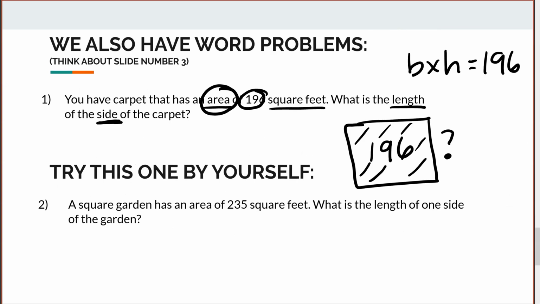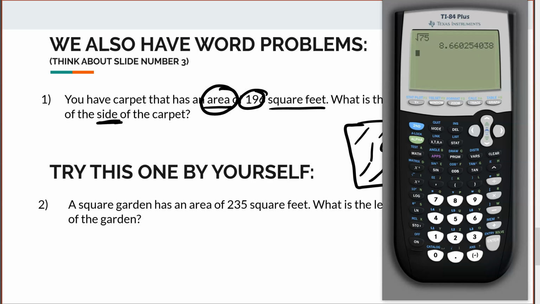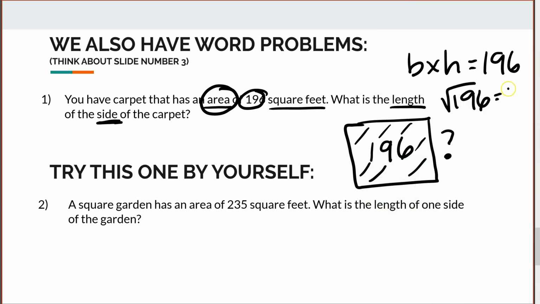So the square root, so that means one number times itself will equal 196, right? So 196, so square root of 196. So we look at this, second, square root of 196 is 14. All right, so what does that mean? That the side is 14, the other side is 14, and of course we can check.